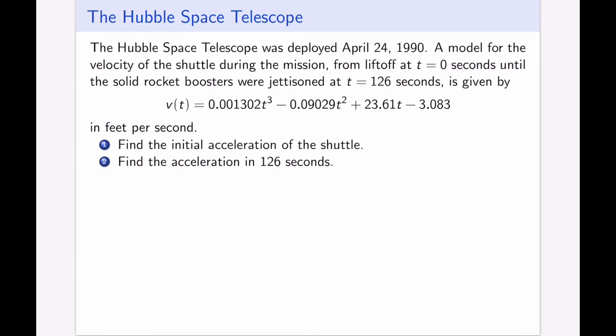So the shuttle that actually carried the telescope. And this velocity function is given to us by this big formula in feet per second. We're asked to find the initial position of the shuttle, the initial acceleration of the shuttle, and the acceleration at 126 seconds when the rocket boosters were jettisoned.